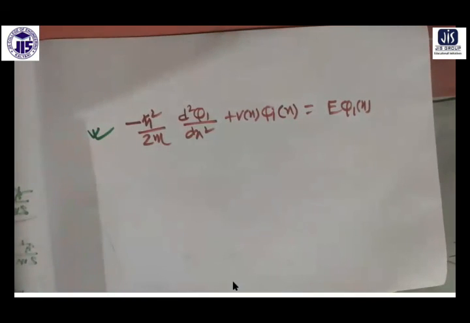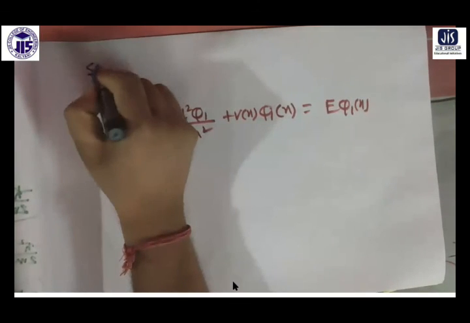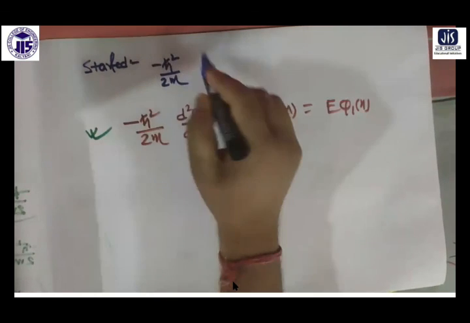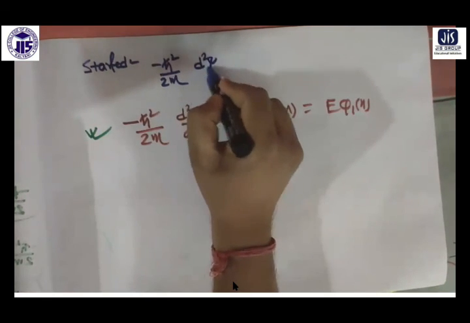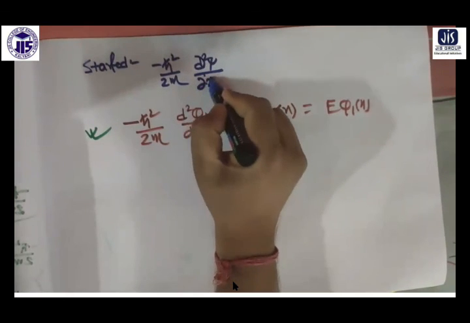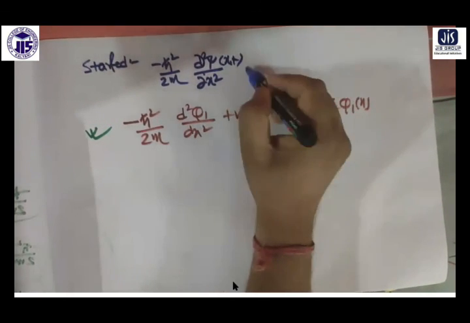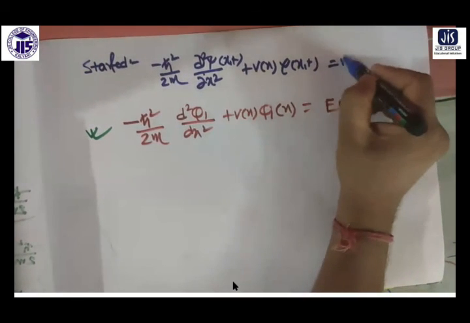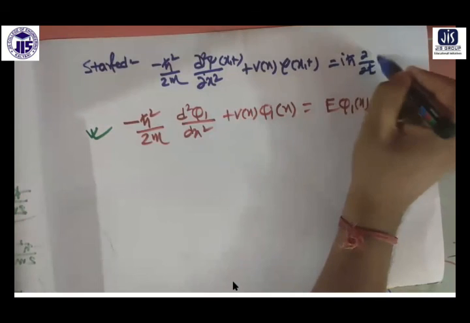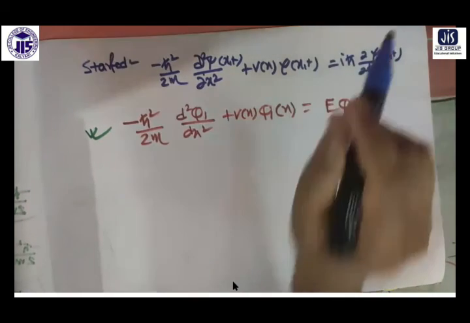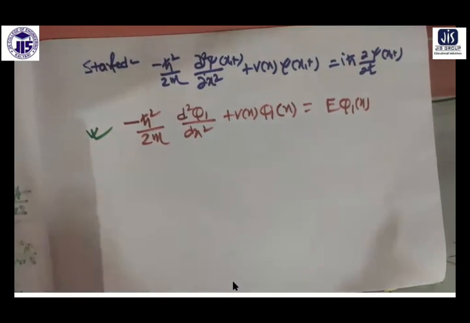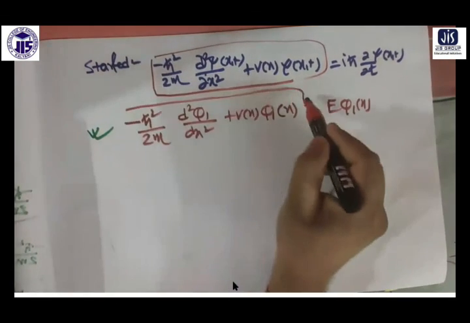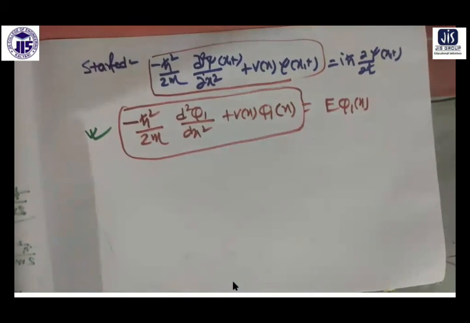And we started from this equation, Vx psi x equal to iℏ. Now, if you compare term by term with this equation in blue, which was the initial equation, and with the equation which you have just obtained by using the separation of variables, you see they are very similar.